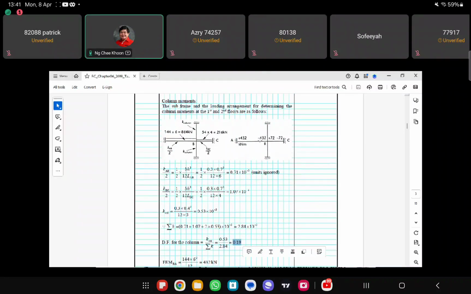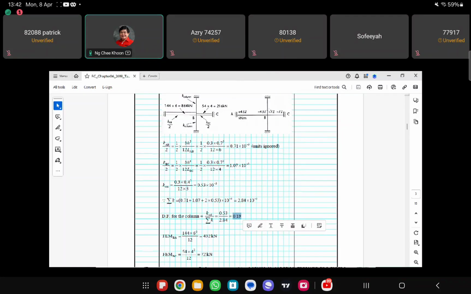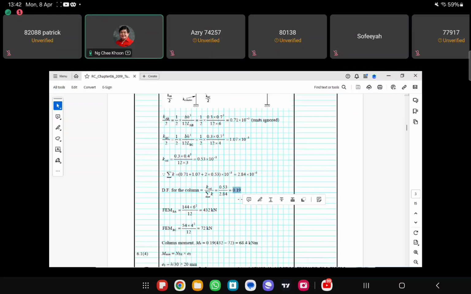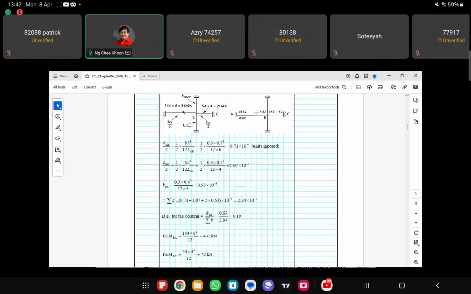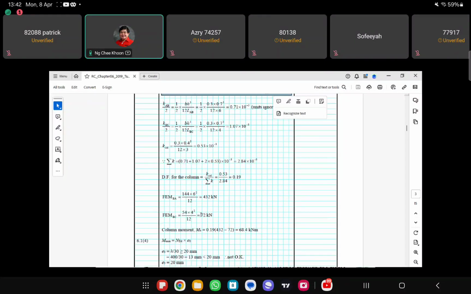Okay, we have a clockwise moment from AB on this side, and then we have an anti-clockwise moment from BC on this side. So we have minus 432 plus 72, right? This is supposed to be minus 432 for this one, and then this is plus 72 for this side.